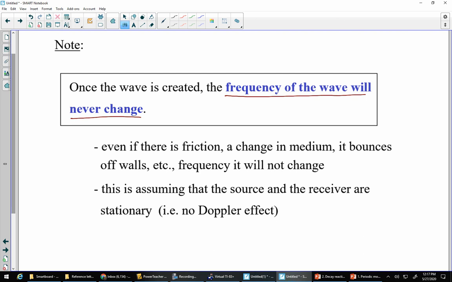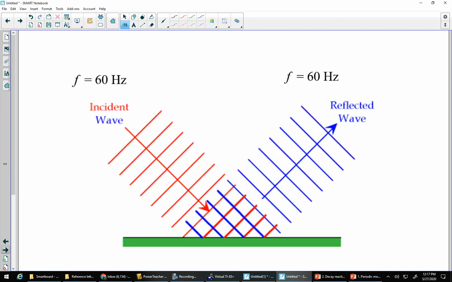This is true if there's friction, which takes energy out of the wave. If there's a change in the medium, which we'll learn later changes the speed of the wave. If it bounces off a wall, which is reflection, pretty much no matter what, the frequency of a wave does not change. The one exception is the Doppler effect, which we'll talk about right at the end of this unit. Cool.